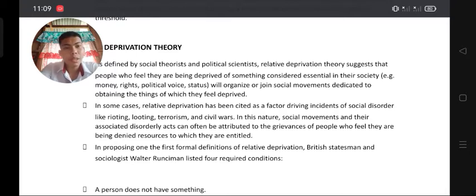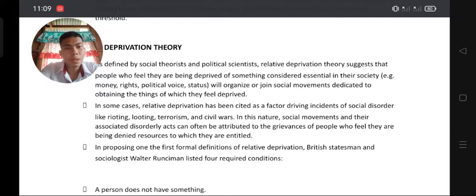In some cases, relative deprivation has been cited as a factor driving incidents of social disorder like looting, terrorism, and civil wars. In this nature, social movements and their associated disorderly acts can often be attributed to the grievances of people who feel they are being denied resources to which they are entitled.